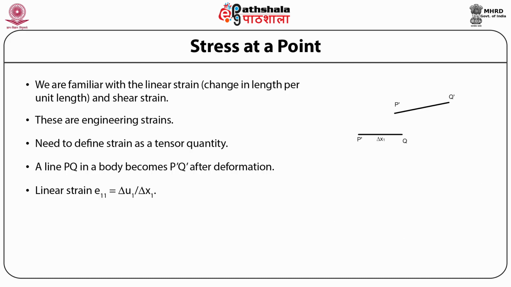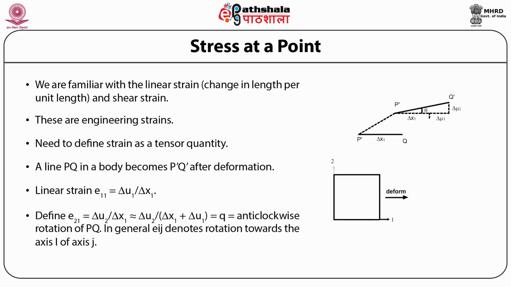We similarly define a quantity E21 as E21 equal to delta U2 by delta x1, approximately equal to delta U2 by delta x1 plus delta U1 equal to theta, that is the anti-clockwise rotation of PQ.